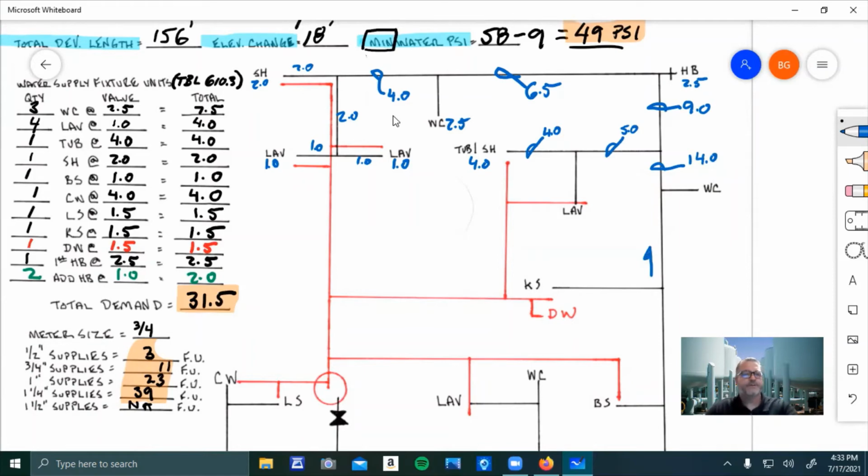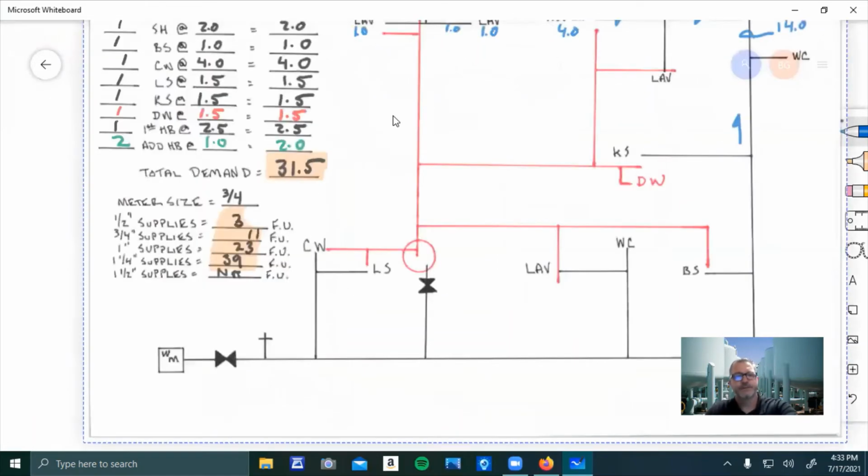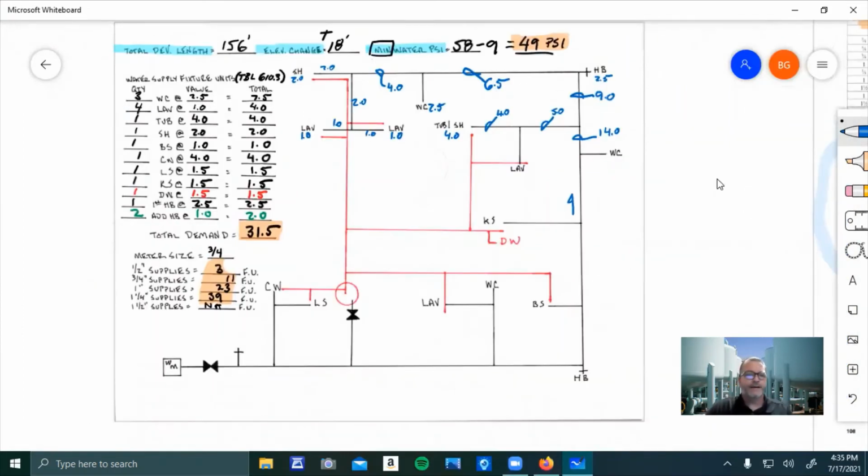Everything's coming from the meter, which is right down here, and it moves from there. So everything comes from the water meter and goes this way. In this case, we're starting at the furthest end and working our way back. And as we go back towards the meter, we are adding our fixture units.